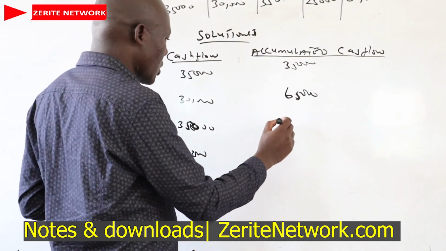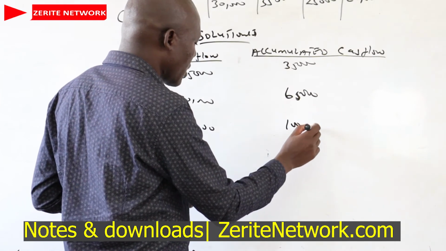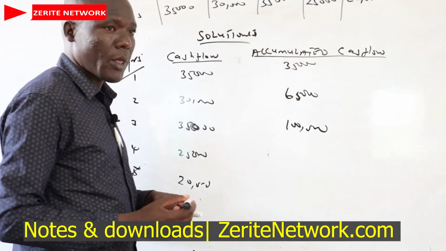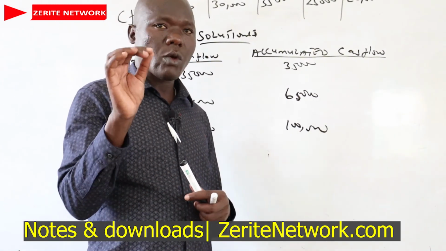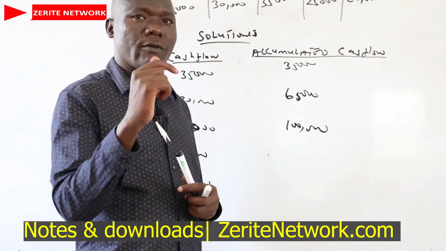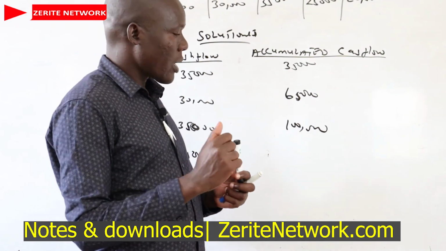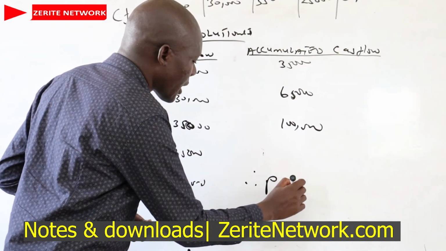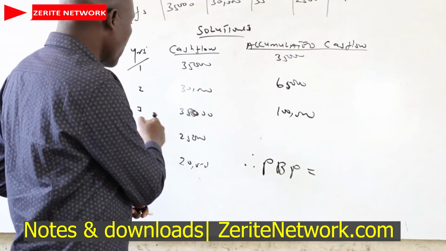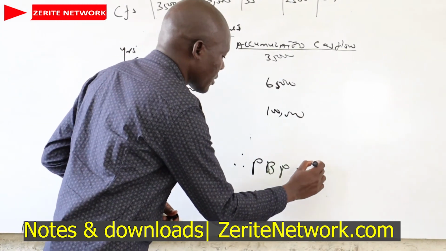That totals 100,000. So we have to stop there because the amount we invested was 100,000, and already we have recouped our money. Therefore, the PBP, which stands for payback period, is 3 years.